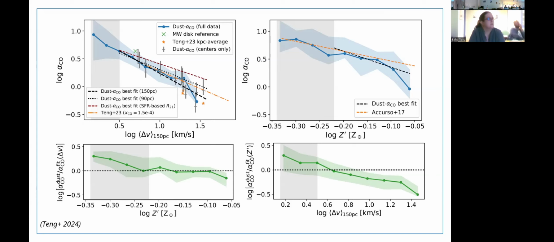But on the right, the residual from the metallicity fit clearly decreases with velocity dispersion. So this means that somehow the metallicity variation is already included in our velocity dispersion trend. And we have actually checked that this is because velocity dispersion and metallicity are correlated, because both of them vary with the galactocentric radius.